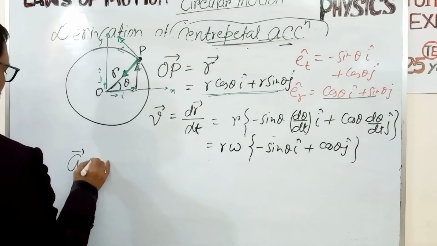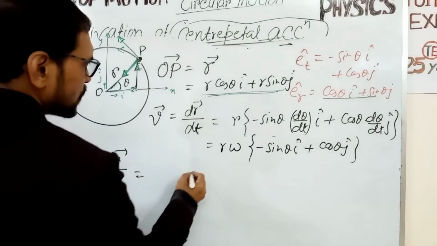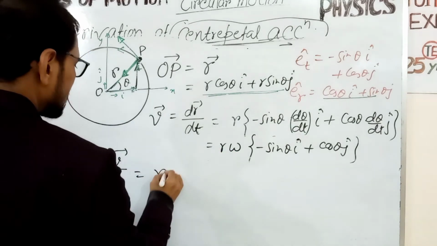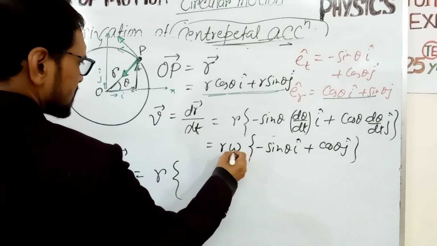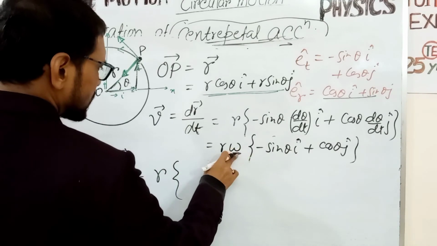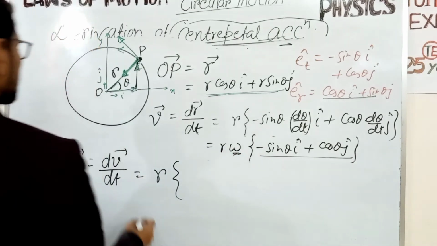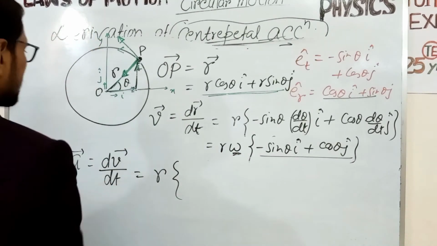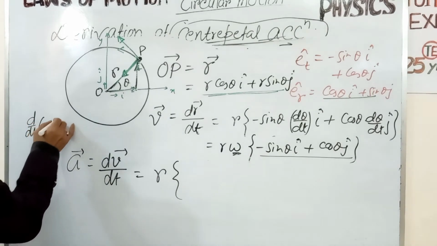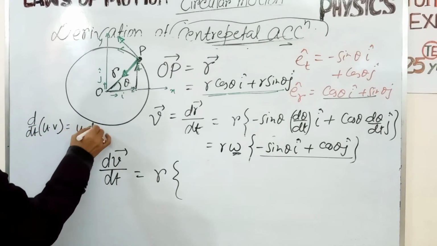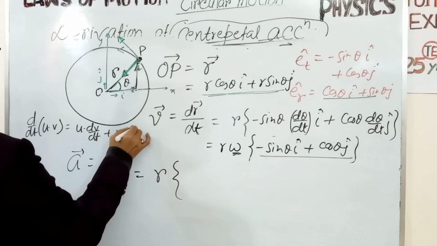Acceleration equals dv by dt, which is equal to, here r is constant, so the only variables are omega and theta. This is one variable and this is another variable, so it is a product uv, and we know the differentiation of uv equals u into dv by dt plus v into du by dt.